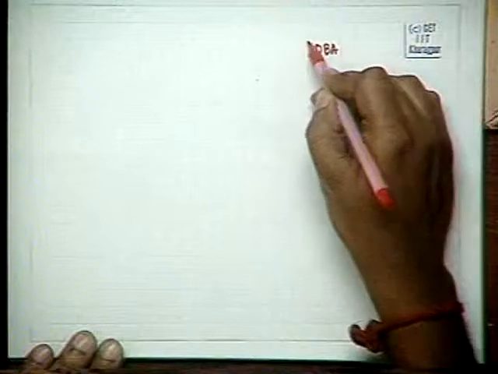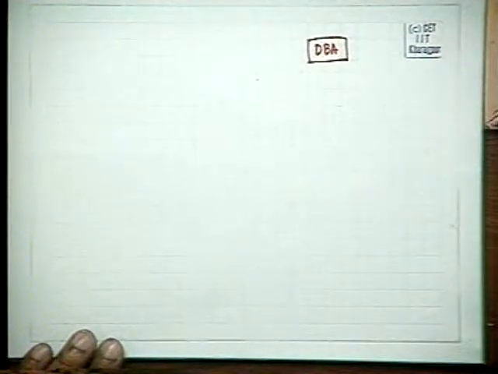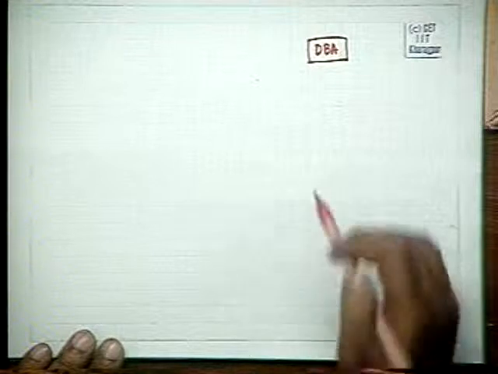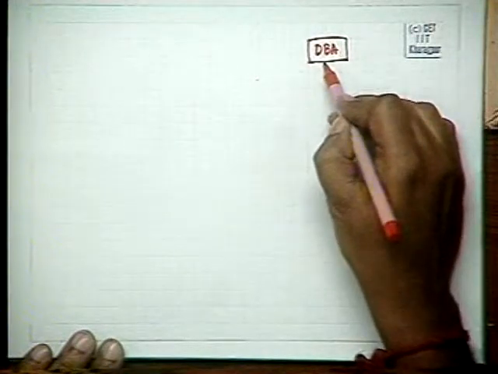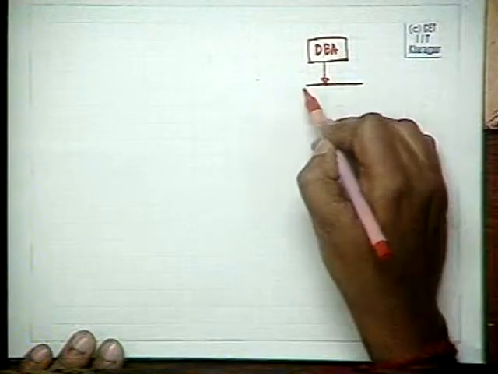So, the first is the database administrator. One important user is the database administrator, who will do what? He will define the database. The database administrator will define the database, and this database administrator will define the DB scheme.